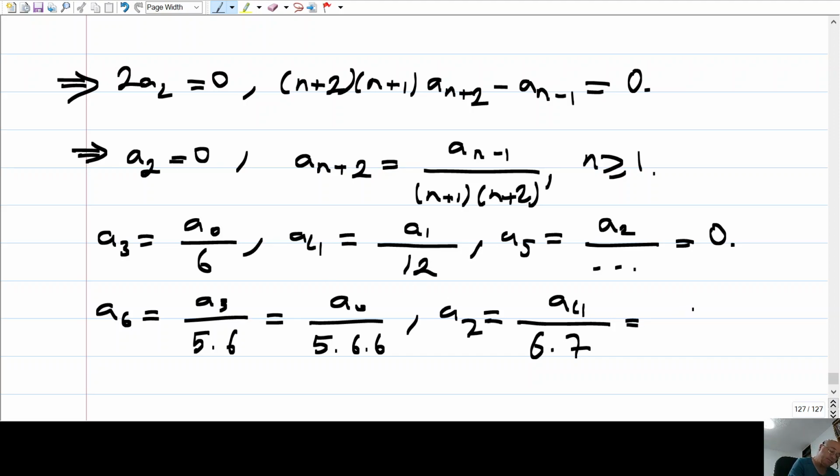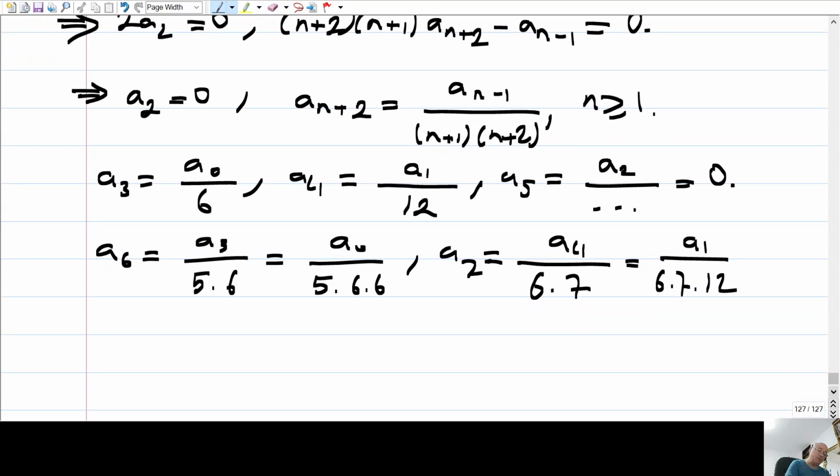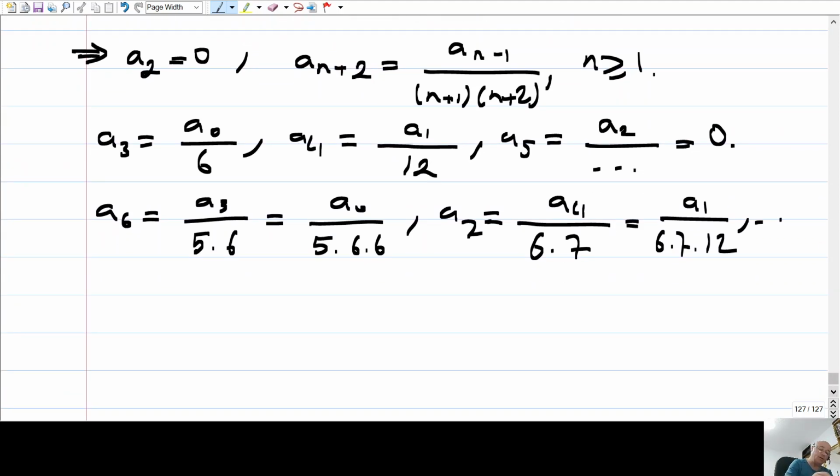A4 is just a1 times 12. So it is a1 over 6 times 7 times 12. And so on. One can compute all the series.